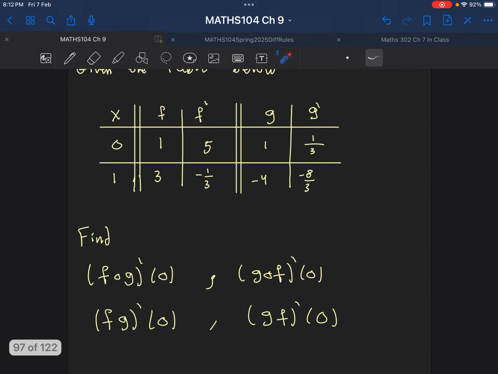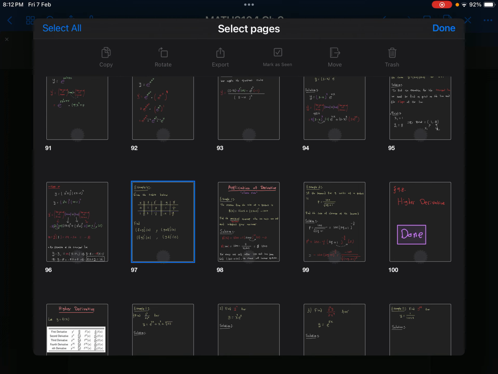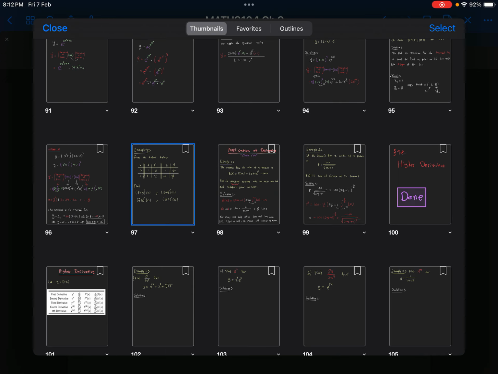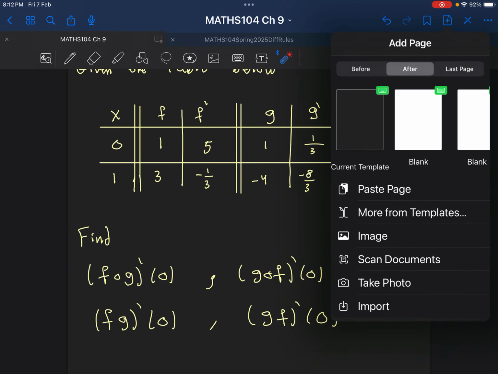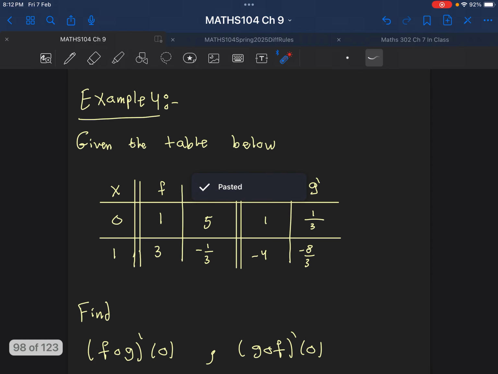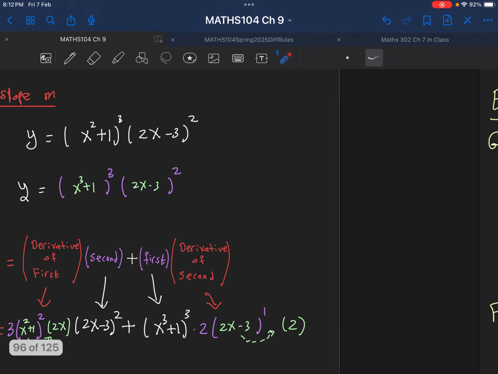So I think the best course of action, I will take the same page and I'll just duplicate this page multiple times, because I need the table in every question out of these.